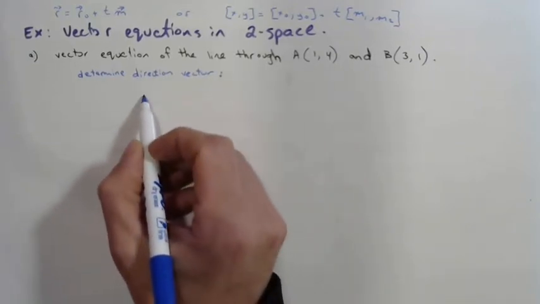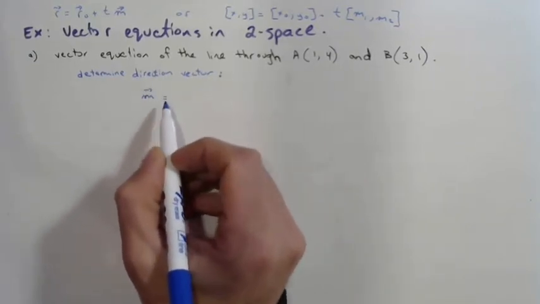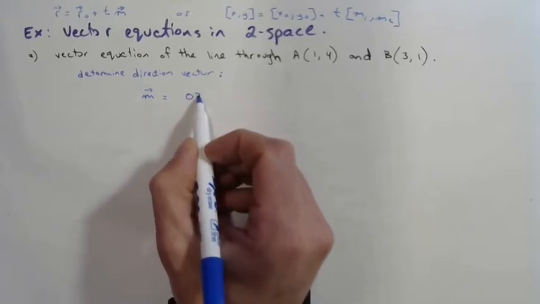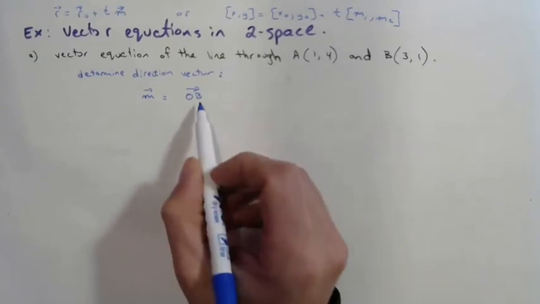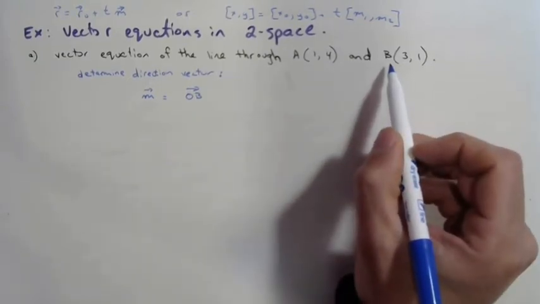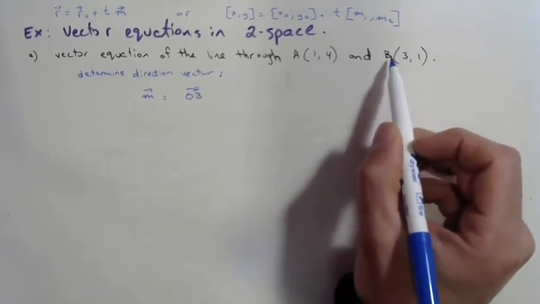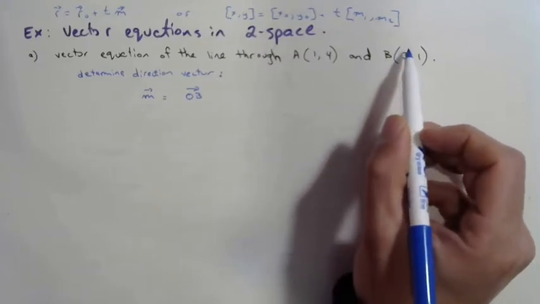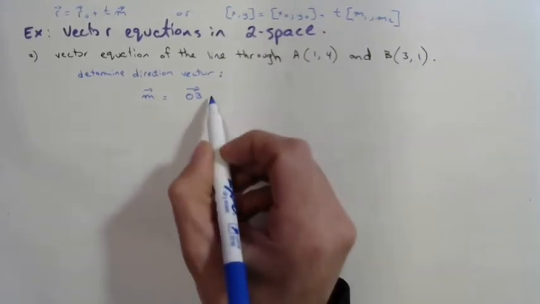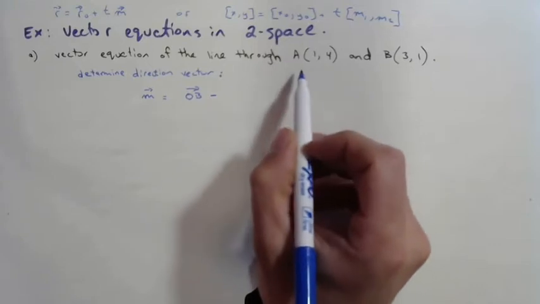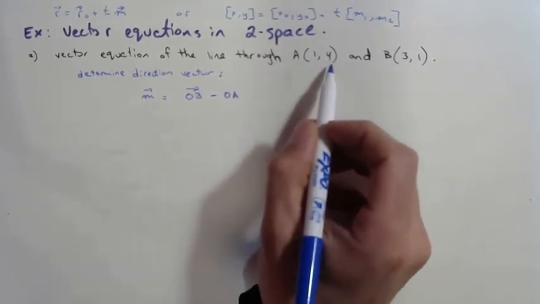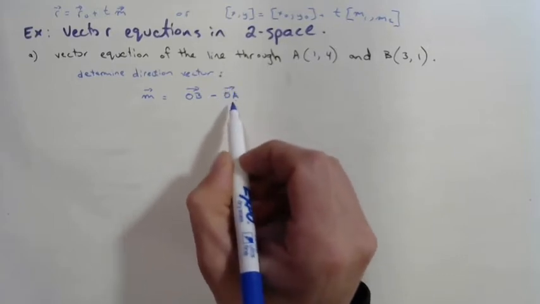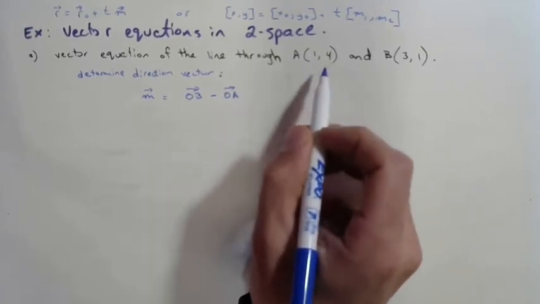So in order to do that, the direction vector is going to be the difference OB minus OA. OB is the position vector from the origin to point B, which is represented by the vector 3, 1. And then I'm going to subtract OA, the position vector from the origin to point A.